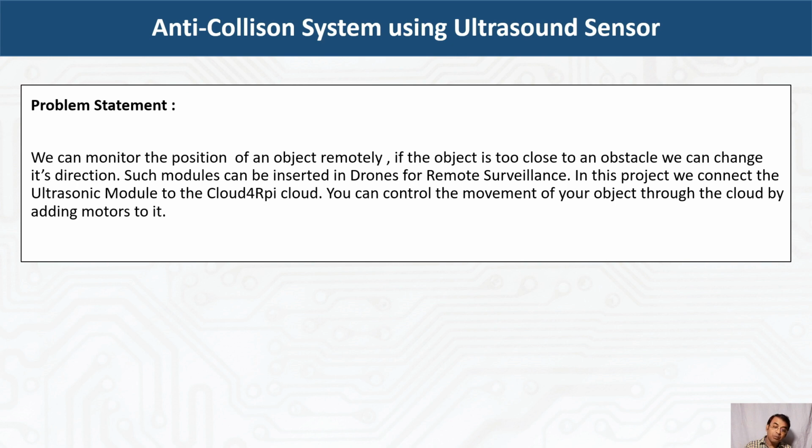Such a module can be inserted in drones for remote surveillance. In this project, we connect the ultrasound module to the Cloud4Rpi cloud. You can control the movement of your object through the cloud by adding motors to it.